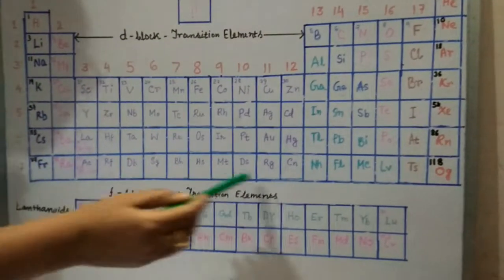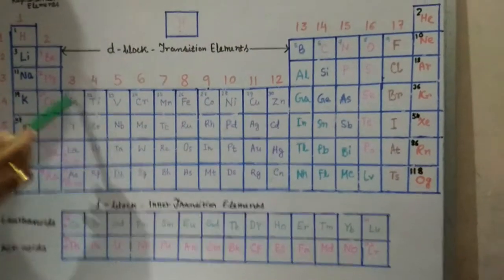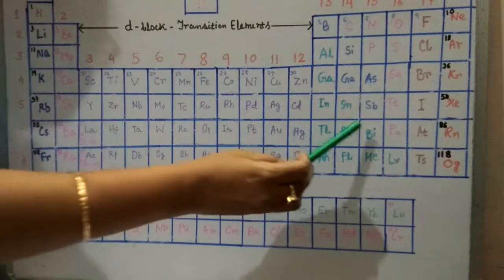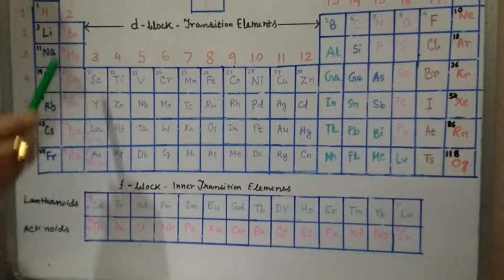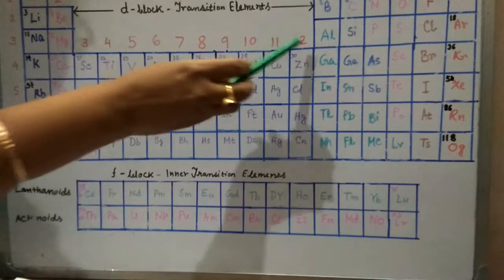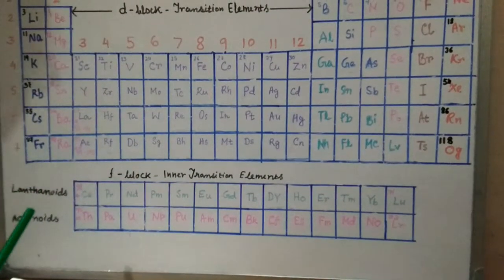And here in between, these are called transition metals. They are the bridge between the s block and p block elements. The transition elements start from group 3 and end at group 12.